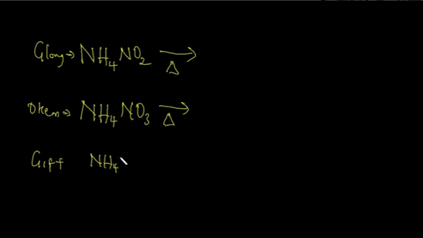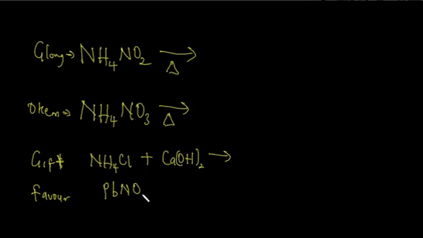A reaction between ammonium chloride and calcium hydroxide would give a particular gas. What is the name of the gas? Then finally, Favor. Thermal decomposition of PbNO3 will give out what gas?